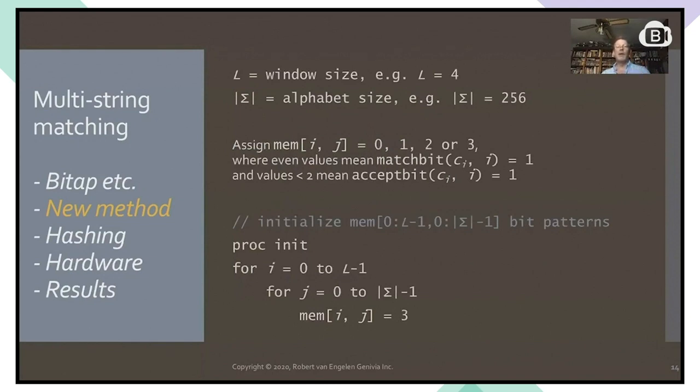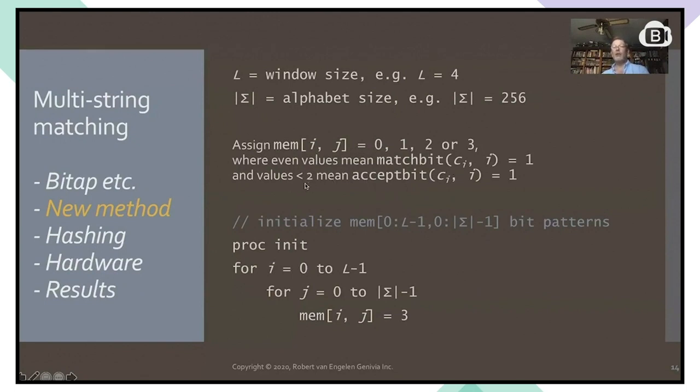So the memory part of this for pre-computing is that for a particular window size, in our example 4, shown here on the top, and an alphabet size, we assign a memory cell of 0, 1, 2, or 3. These are the 2 bits that we need to store. And the even values mean the match bit is 1.